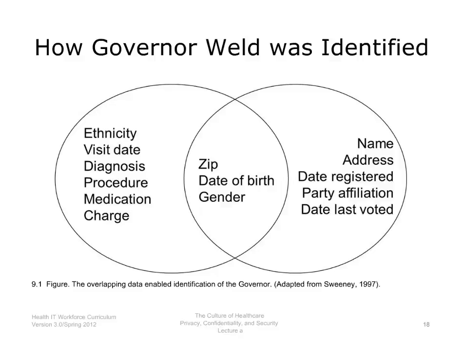The Cambridge Voter Registration Database included name, address, registered party affiliation, and the same zip codes, dates of birth, and gender. Governor Weld was one of those 87% who had a unique combination of zip code, date of birth, and gender. So Dr. Sweeney was able to take Weld's voter registration information and then access his entire medical information. This was picked up by the national media and at the same time caused quite a stir.